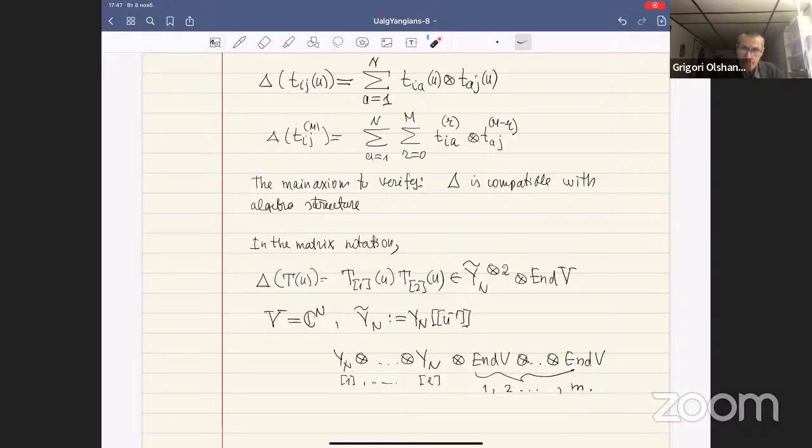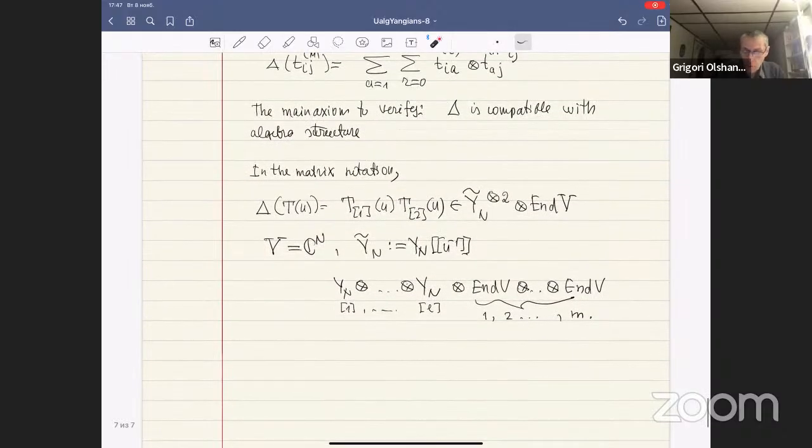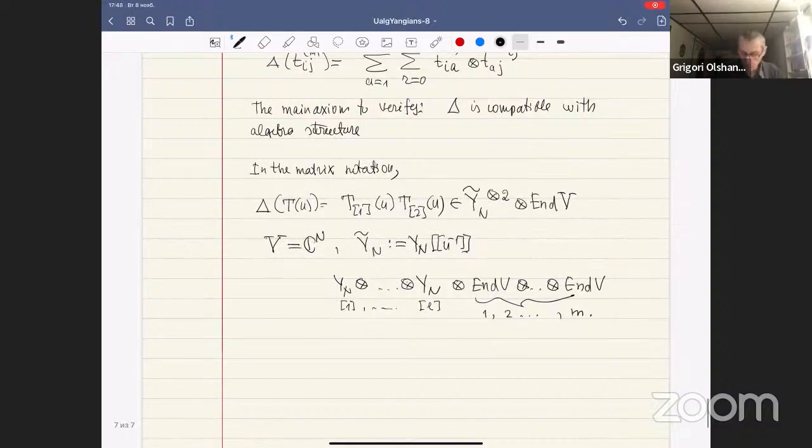Okay? And now the idea is just to prove the following. The fact that our definition is consistent with the algebra structure is equivalent to the following relation.